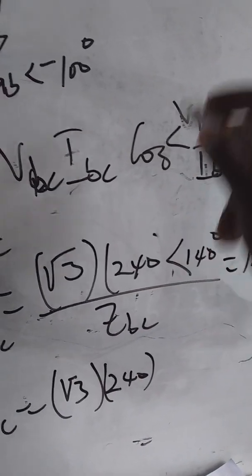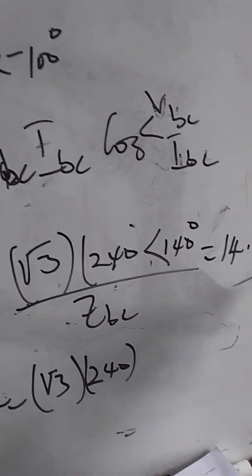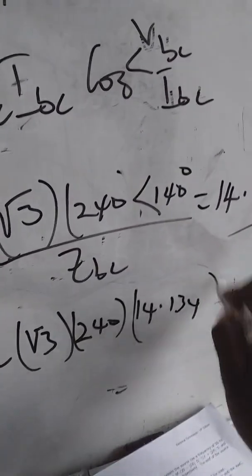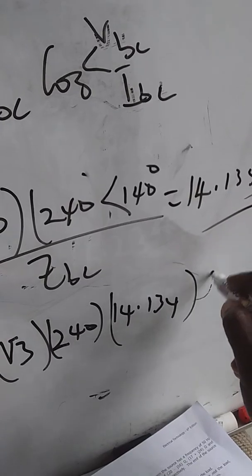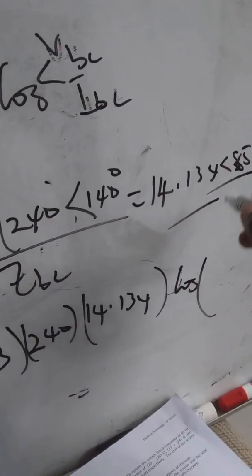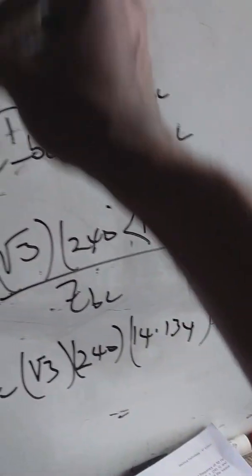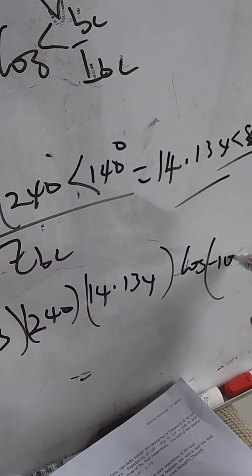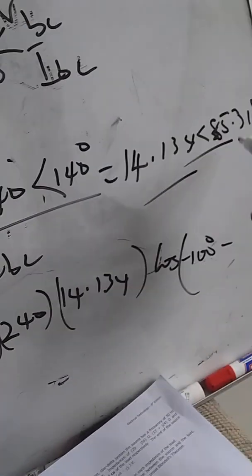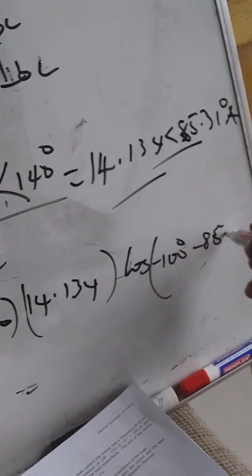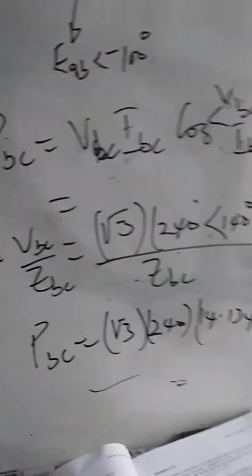Our IBC is given as what? 14.134, right? Cos of the angle. What is the angle of VBC? It is minus 100 degrees, minus the angle of IBC, 85.31 degrees. So that gives us the power dissipated here.